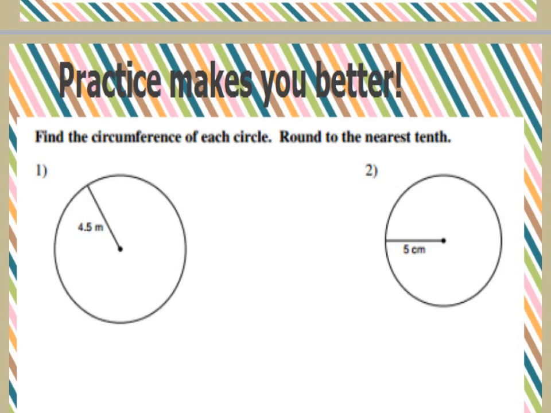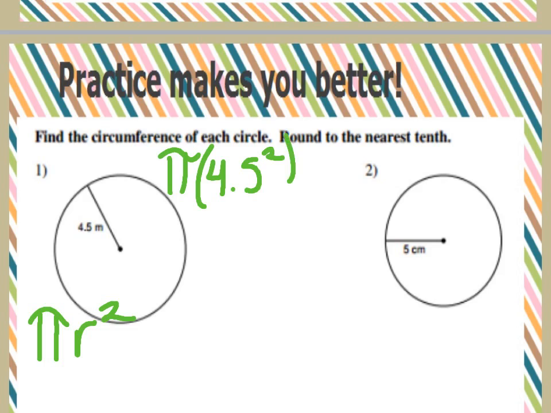Okay, so we're going to practice finding the area of a circle first. So pi r squared. So we've got to plug in the distance of the radius for this first circle. So it's going to be pi times 4.5 squared.